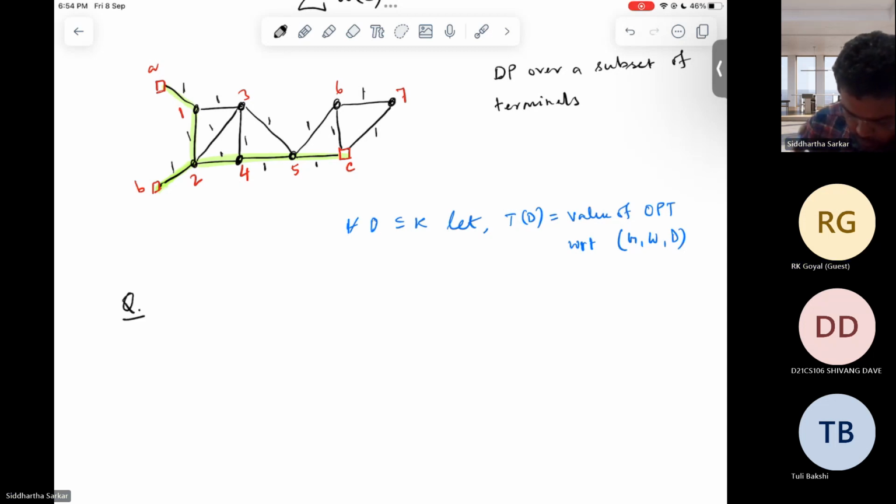So we had seen the definition of tree width.